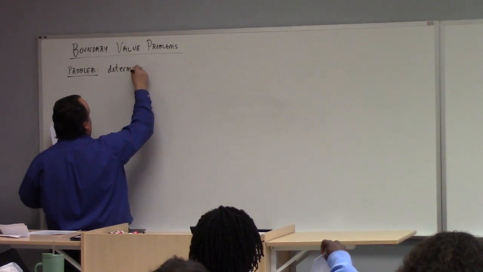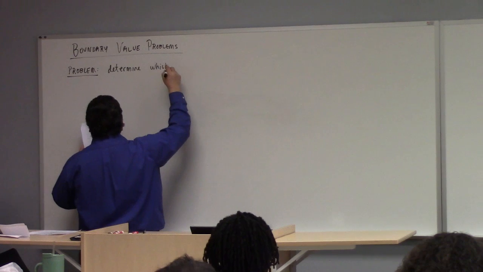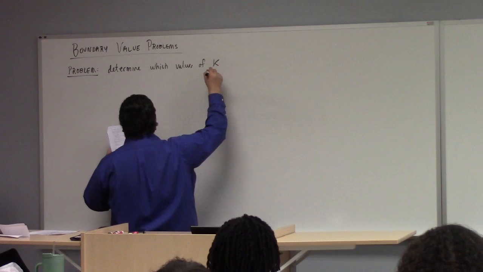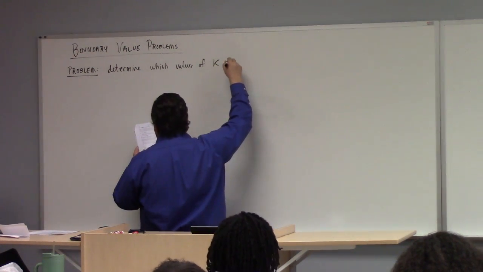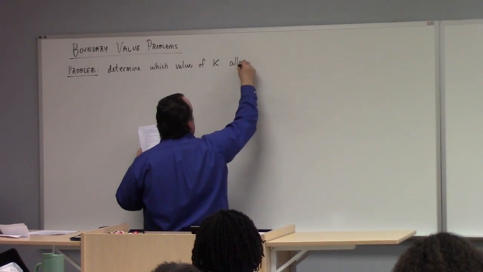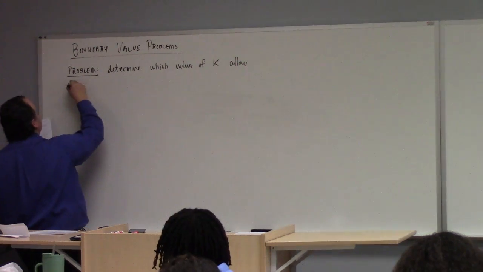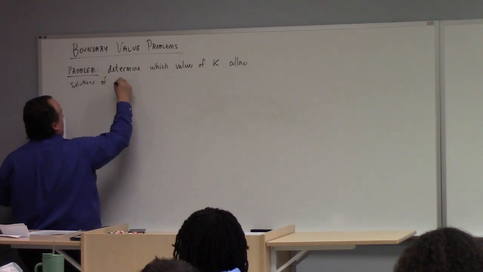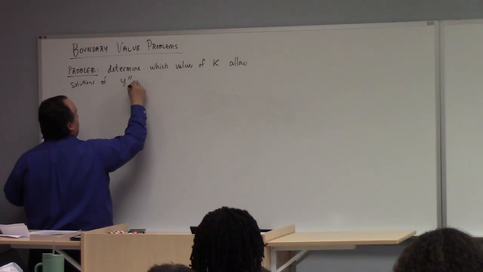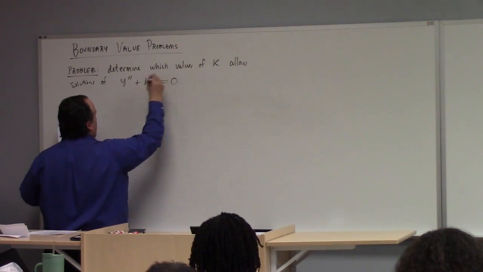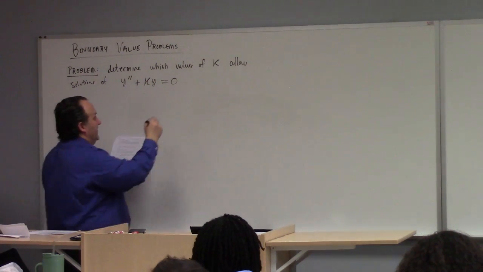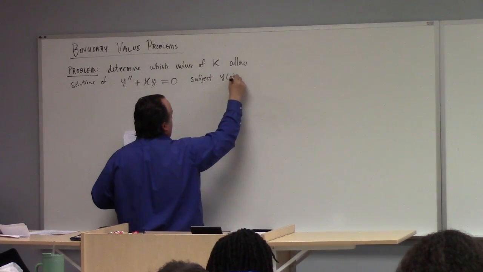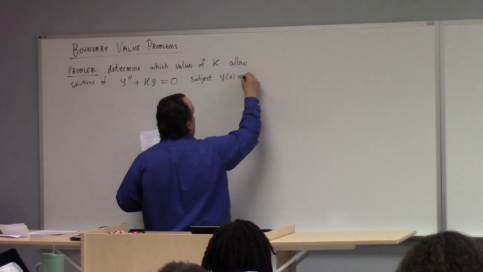So we're going to determine which values of k allow solutions of y prime prime plus ky equals 0, subject to y of 0 equals y of L.